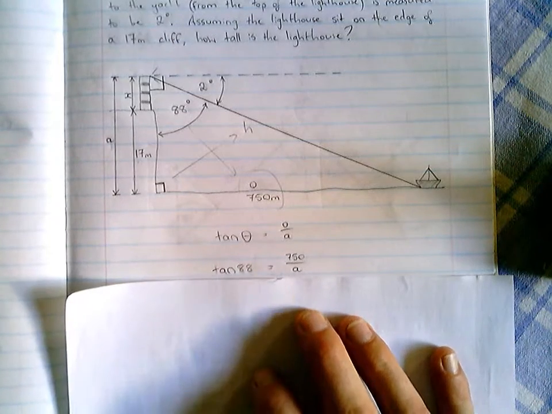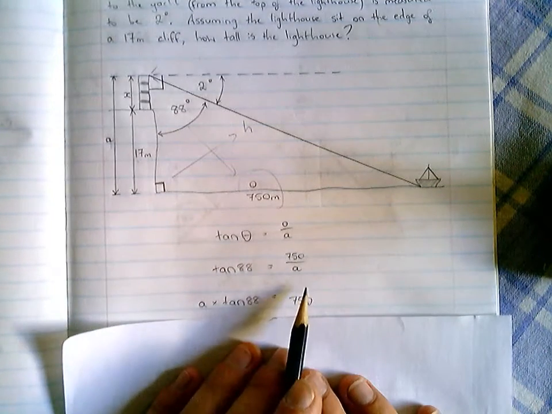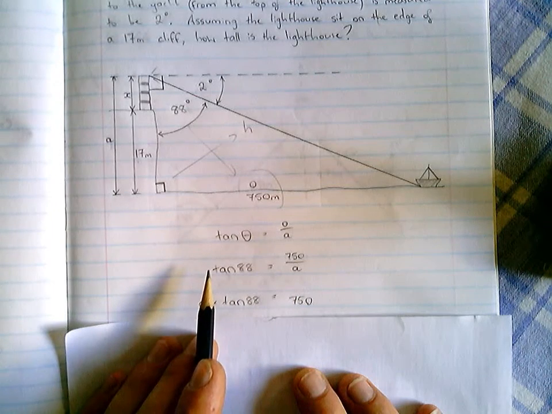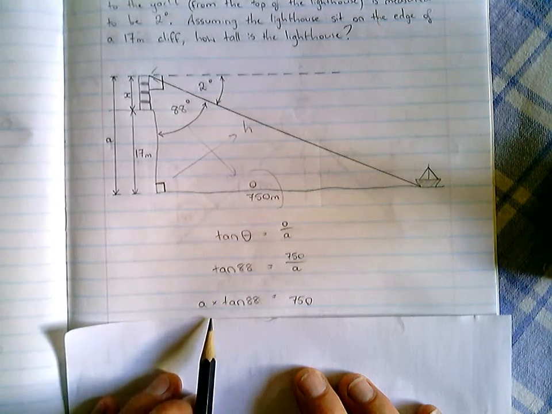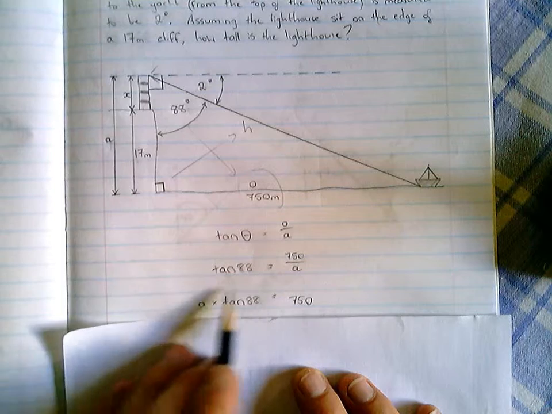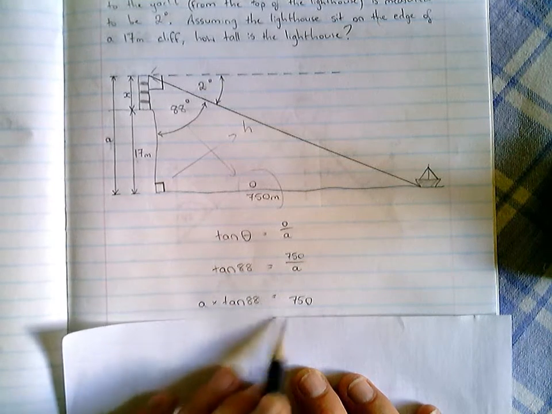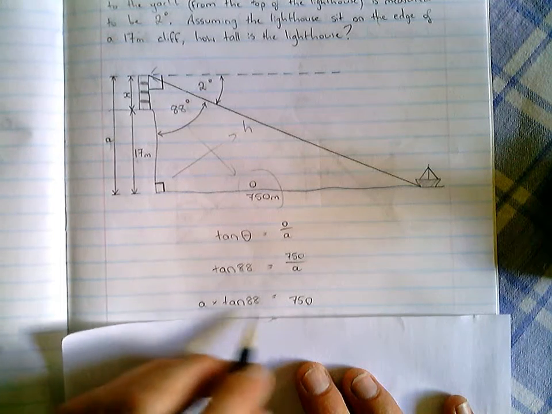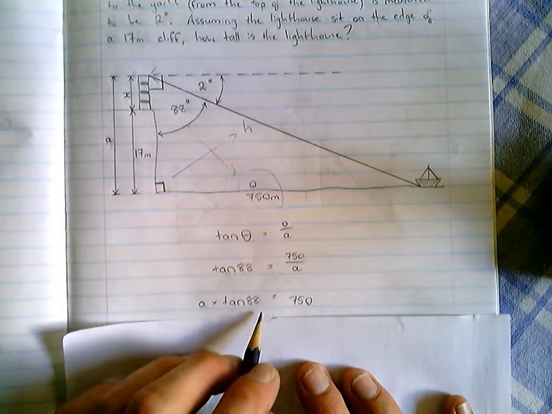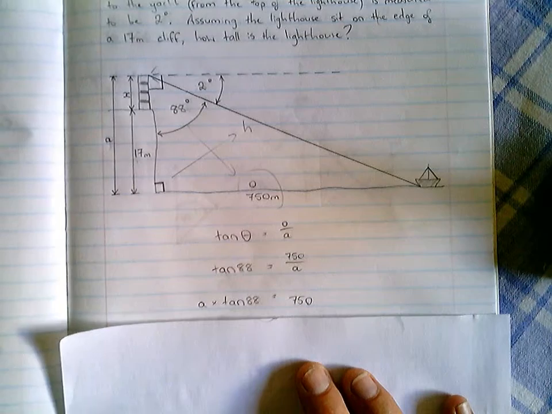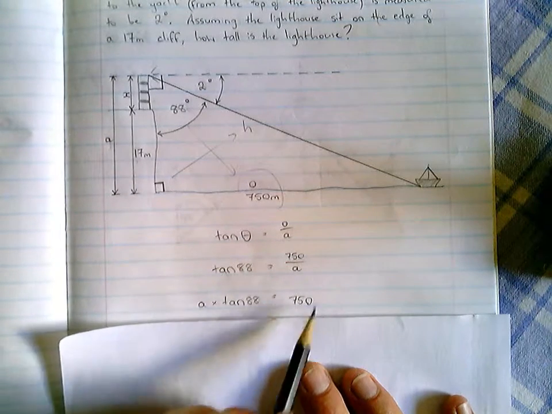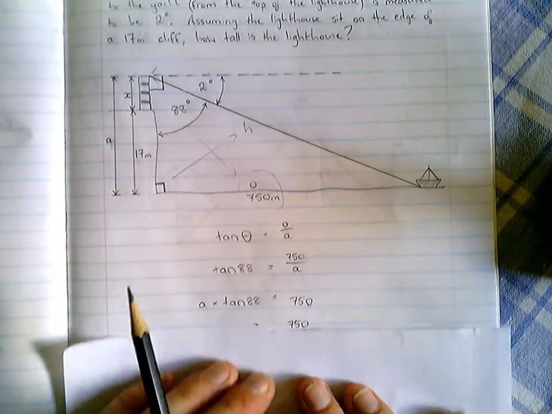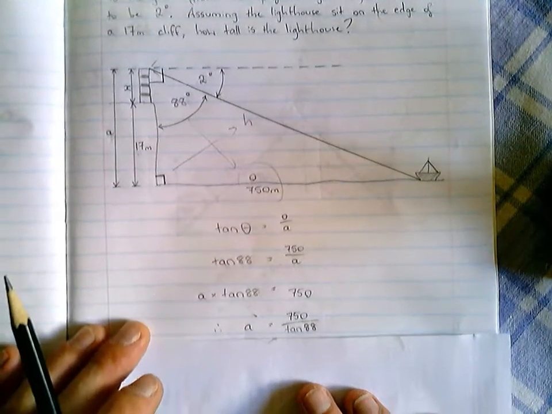Rearranging to solve for A, moving A to the other side, we multiply. And to get A by itself, we need to move this tan 88 to the other side, which we will need to divide by, because if we divide this side by tan 88, we also need to divide this side by tan 88, which is why we get this.